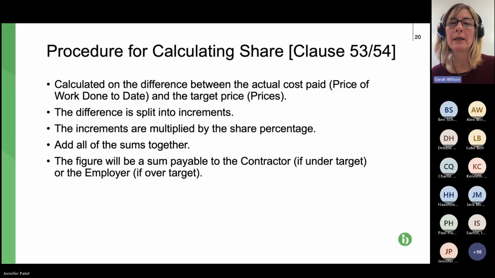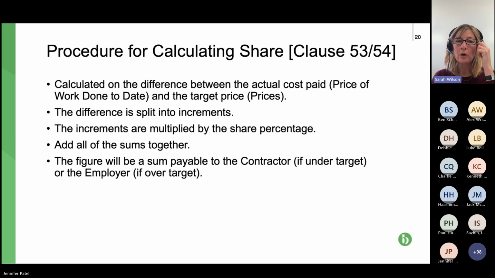So what I want to look at now, clauses 53 and 54, is the procedure, the mechanism for calculating the share at completion and at the end of the defects stage.